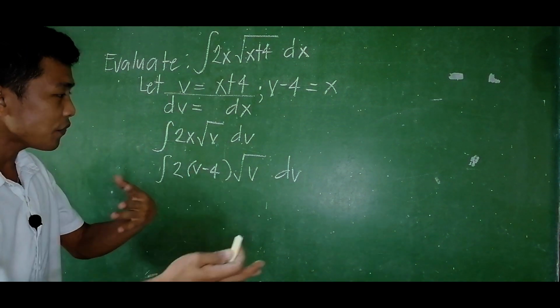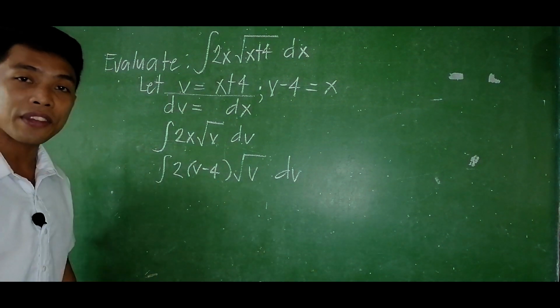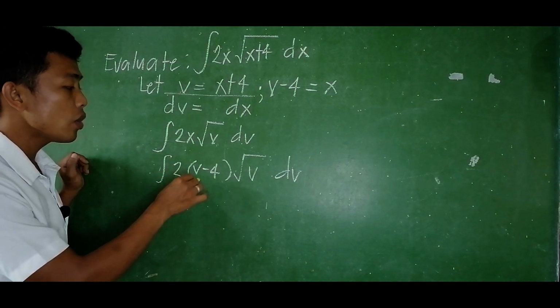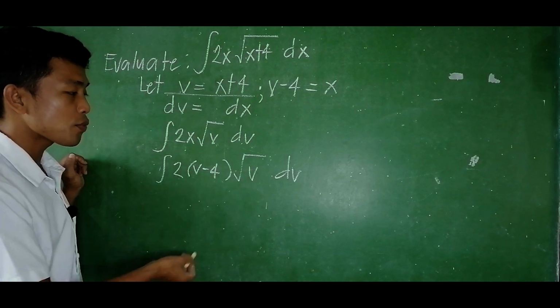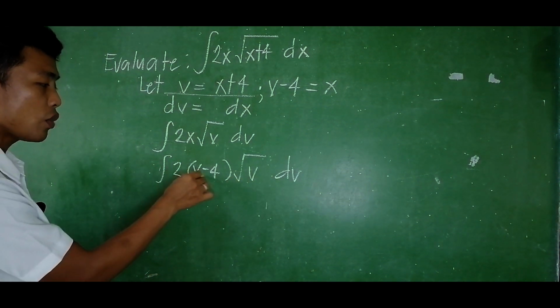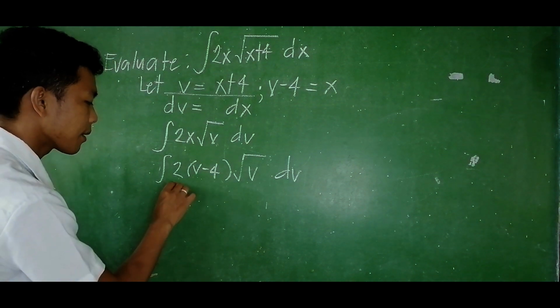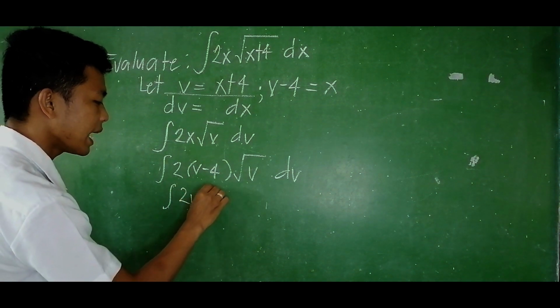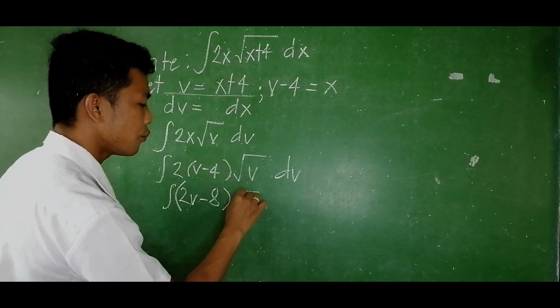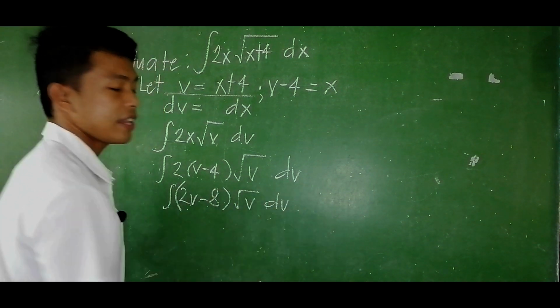Okay, so before we proceed to anti-differentiation, we need to simplify first 2 and then v minus 4 and then the square root of v. We will distribute 2 to v minus 4 and get 2v minus 8 times the square root of v dv.